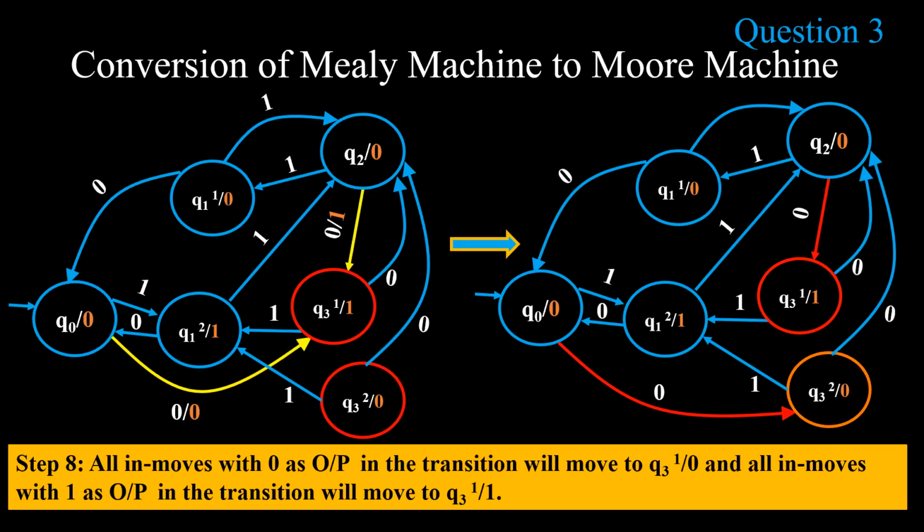Just see this. This had 1 as output, so this will move towards here. This had 0 as output, so it will move towards this. So this is how we have converted a Mealy machine into a Moore machine where we had 2 states which required a split.